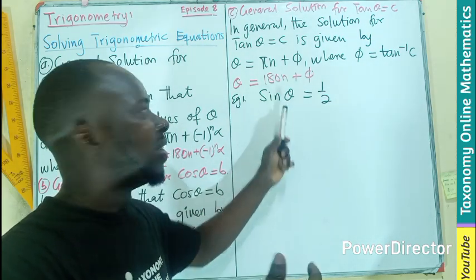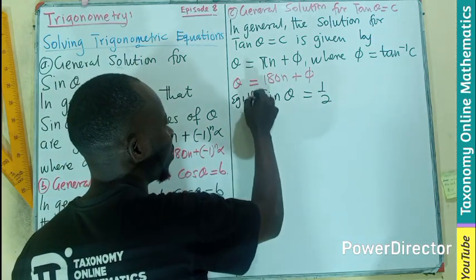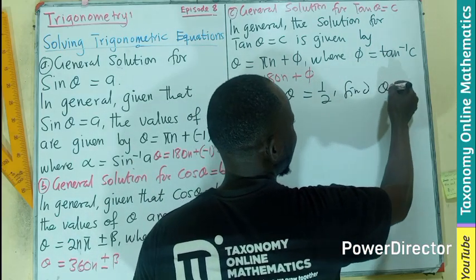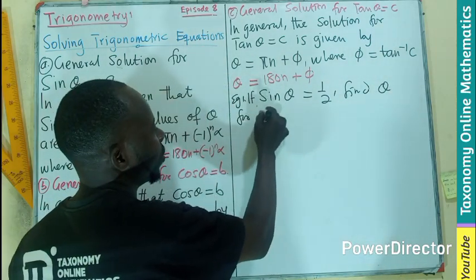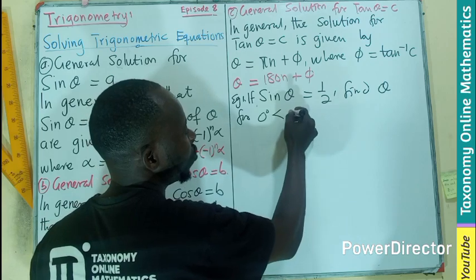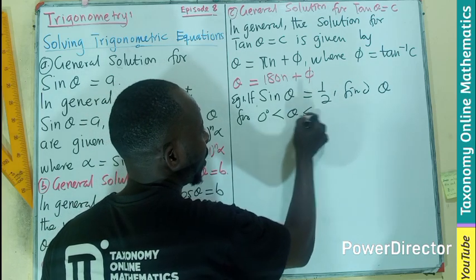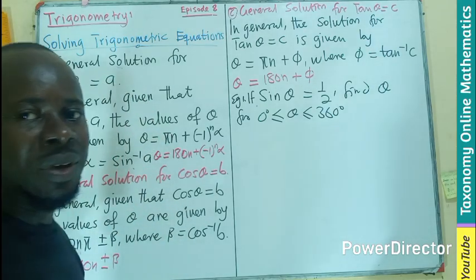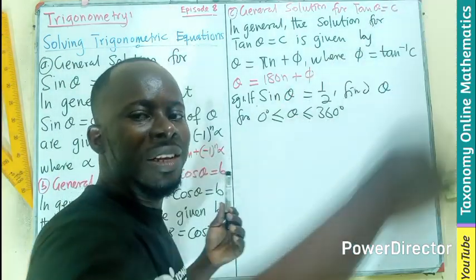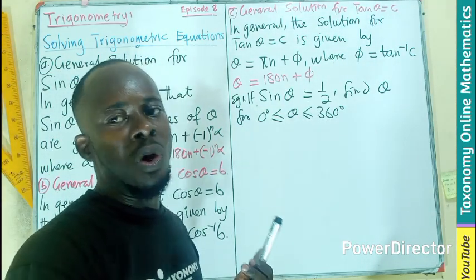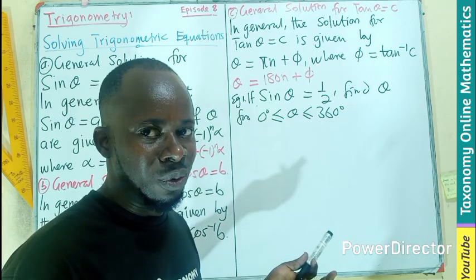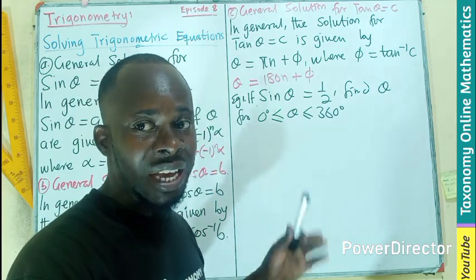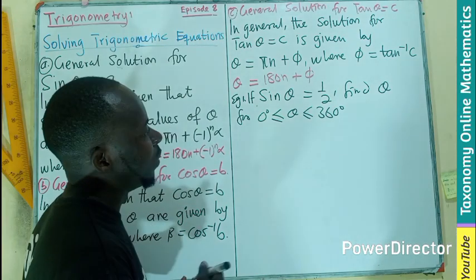You'll be asked to find theta, for 0 degrees to 360 degrees. So any value we get beyond this can be discarded. And all the values we need here should be positive, because the sine has values in 2 quadrants. All right, what do we do?